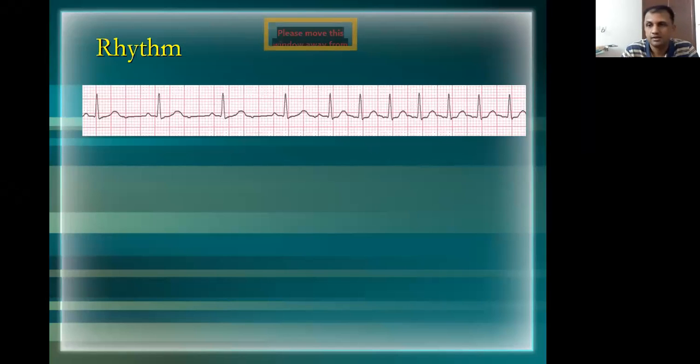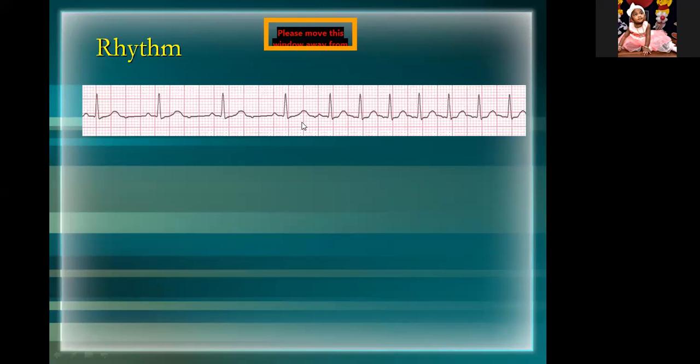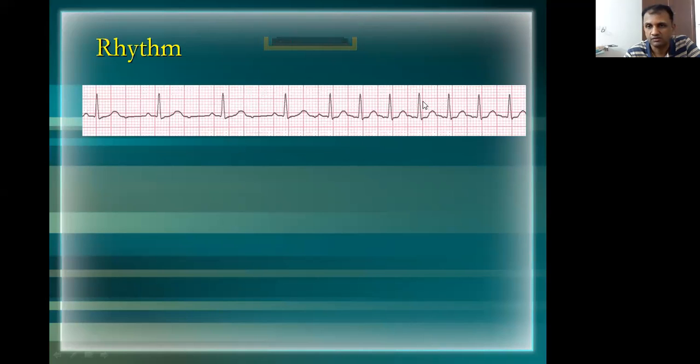What is the abnormality? RR interval differs, sir. So just look at this trace. At the beginning, it looks almost equidistant until here. After this, you can see it slowly becoming smaller and smaller, then it's becoming bigger. So it's very irregular. It's called varying RR interval.